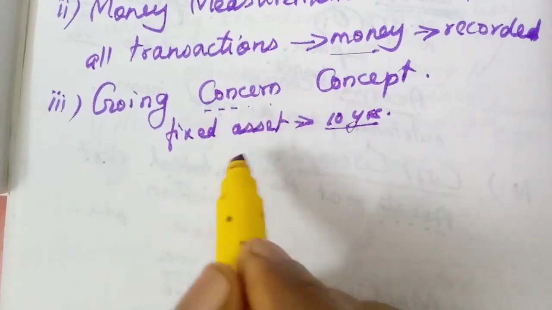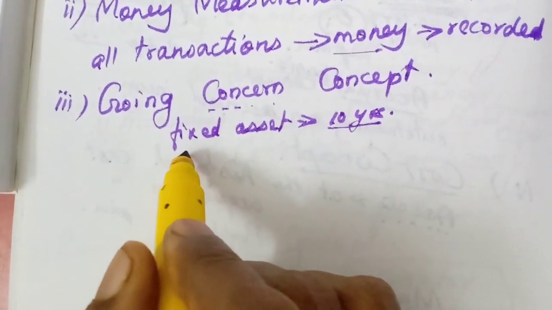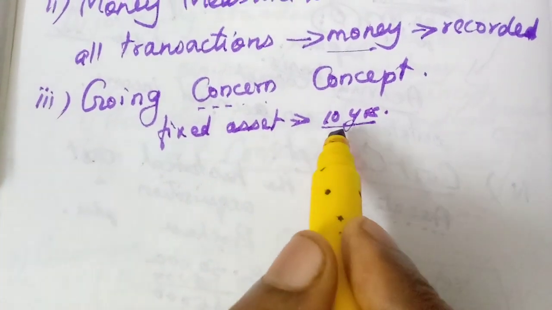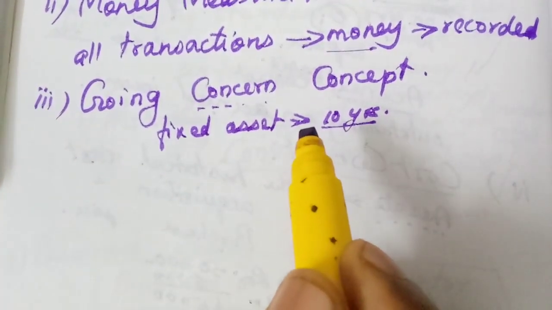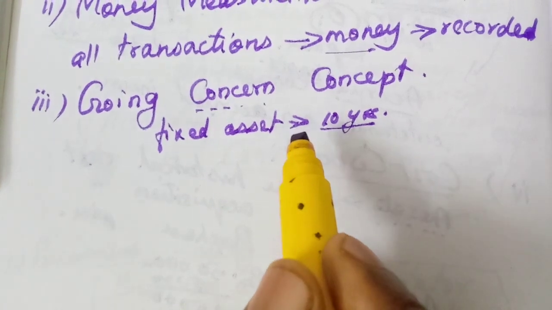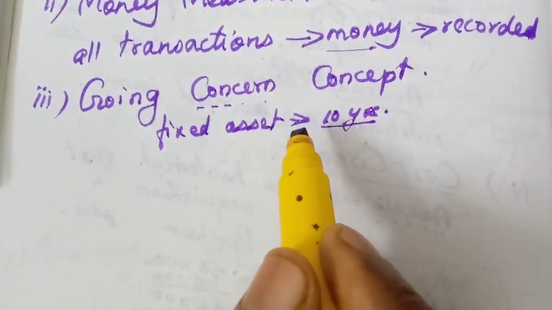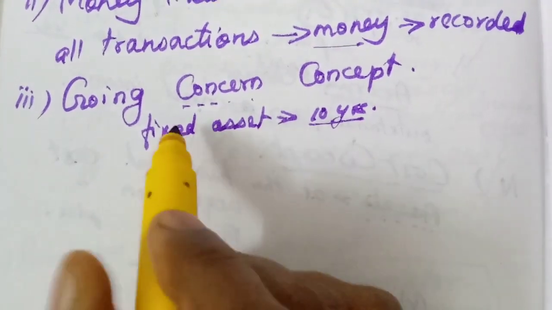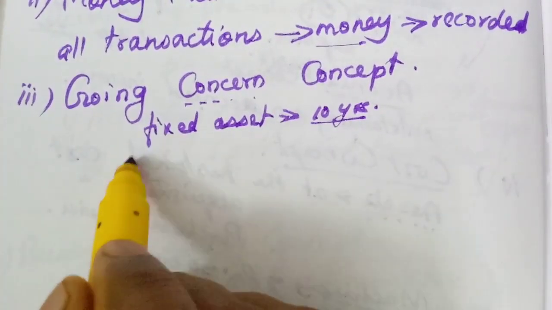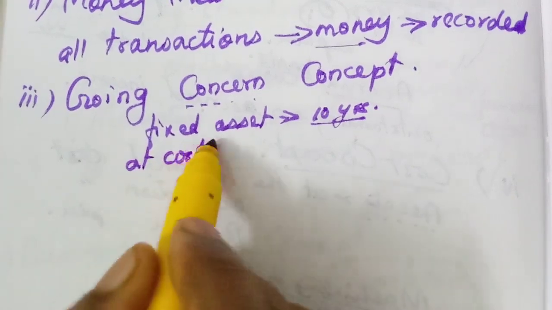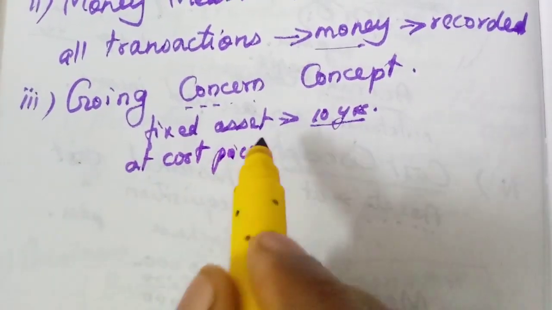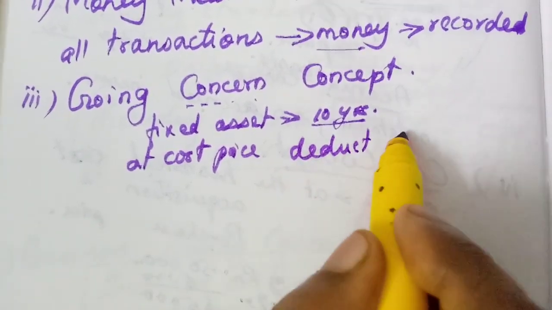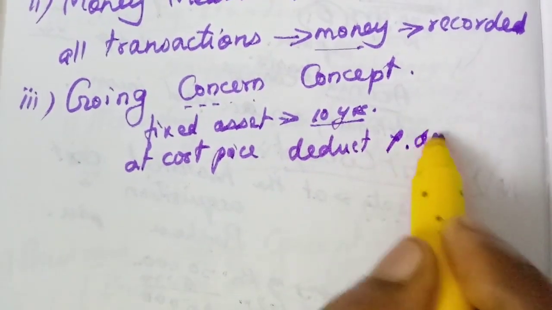So as per this concept, we conclude that the fixed asset or the business is running for many years, for a foreseeable future. It will not come to an end within a short period of time. That is why we value the fixed asset at cost price. And every year they will deduct 1% as depreciation.